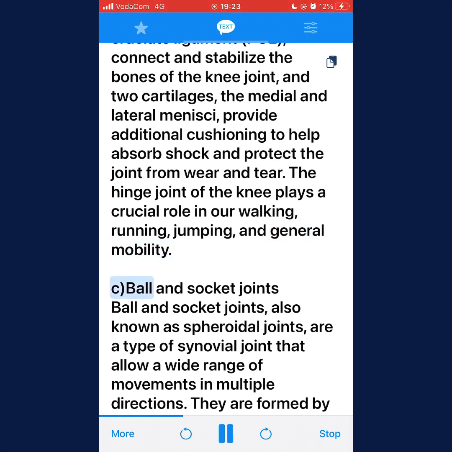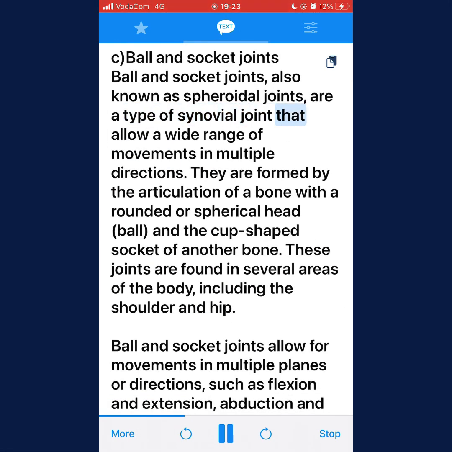C. Ball and socket joints. Ball and socket joints, also known as spheroidal joints, are a type of synovial joint that allow a wide range of movements in multiple directions. They are formed by the articulation of a bone with a rounded or spherical head, ball, and the cup-shaped socket of another bone. These joints are found in several areas of the body, including the shoulder and hip.